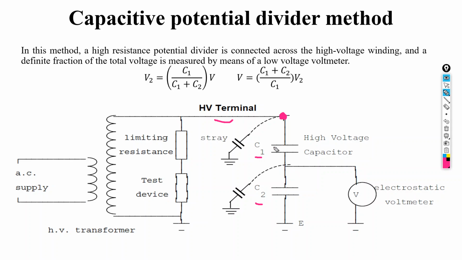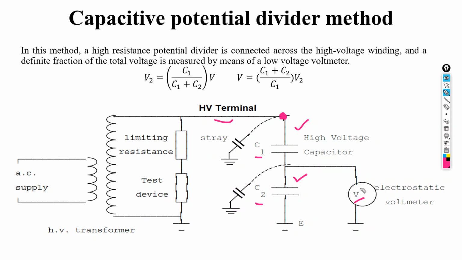The values of C1 and C2 are selected in such a way that a high voltage drop occurs across the capacitor C1, and the potential across the capacitor C2 will be low, so that we can easily measure that potential with our laboratory voltmeter.